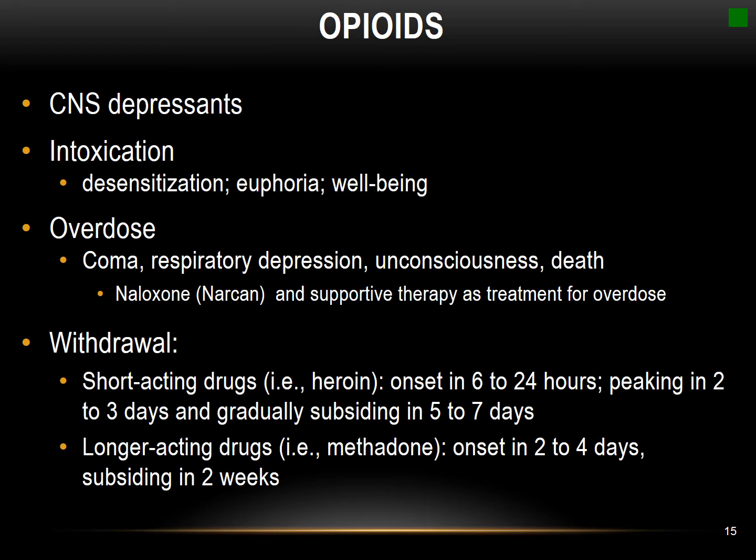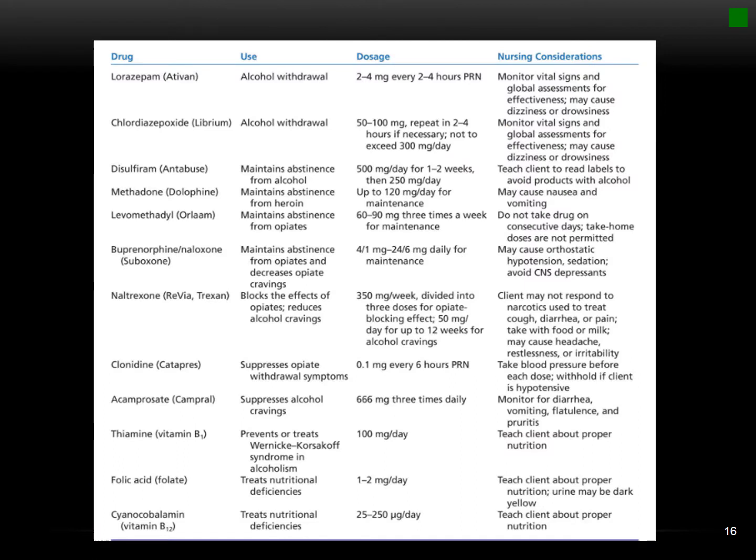So your next slide is going to have more details on drugs used during treatment for opioid and alcohol treatment. So you're going to want to refer back to that slide 16 when we talk about alcohol. Your textbook has great resource tables for pharmacotherapy used with substance abuse treatment. Look this table over and get an understanding for which drug is used for each substance abuse treatment.